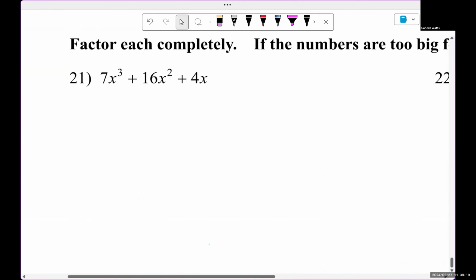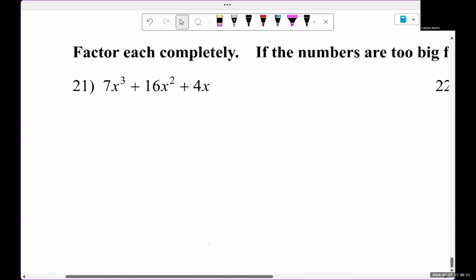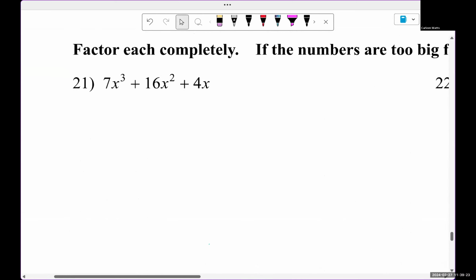We're going to do these because I still have people not confident in their factoring. Step 1 is what? Is what? That is step 2. Step 1 is, that is step 3. Okay, there's a GCF. Yeah.